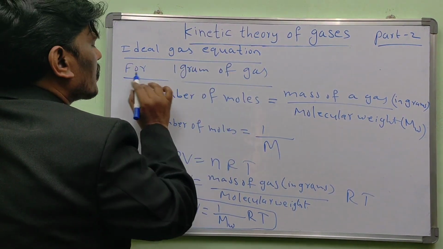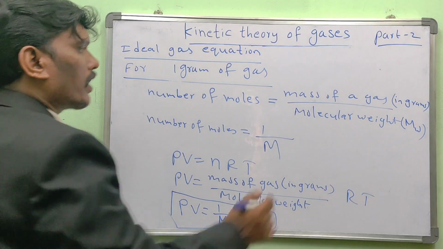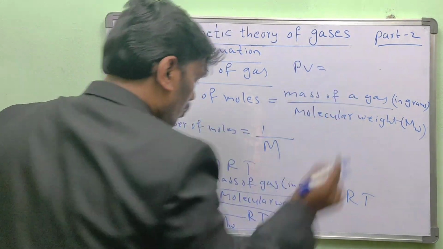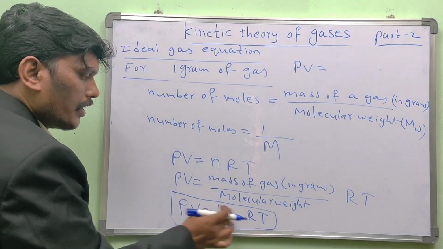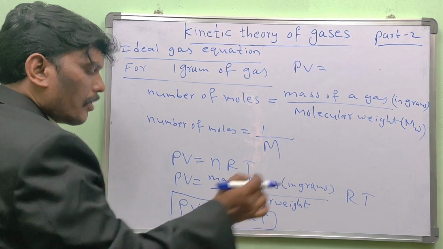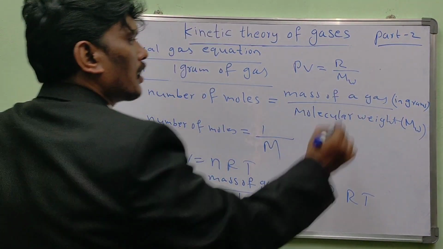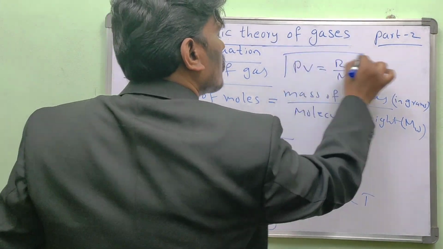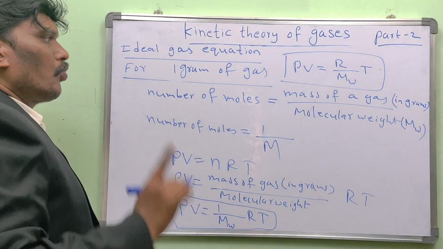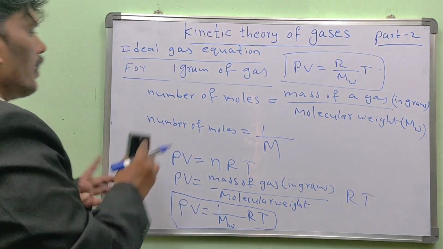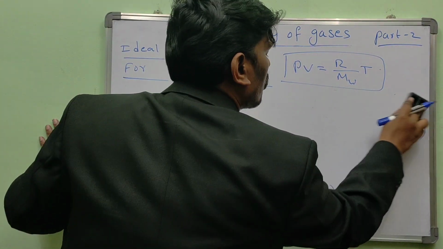So for 1 gram of gas, PV is equal to R by molecular weight, 1 times R, so R by molecular weight into capital T. I am going to write this in another form also.